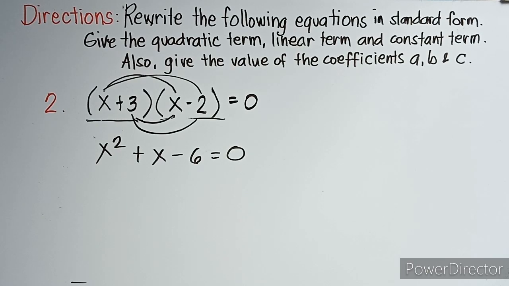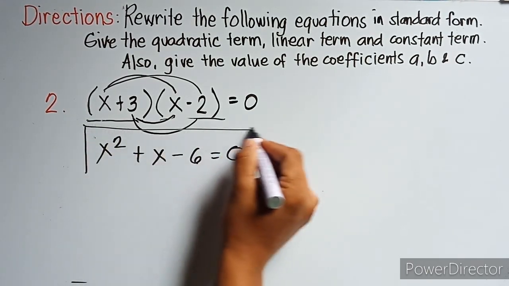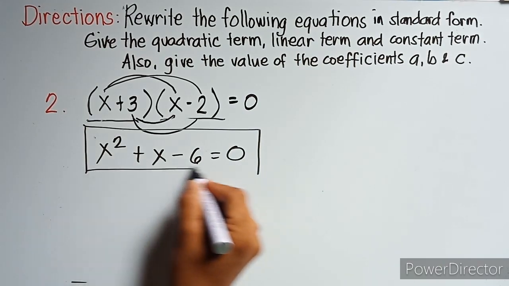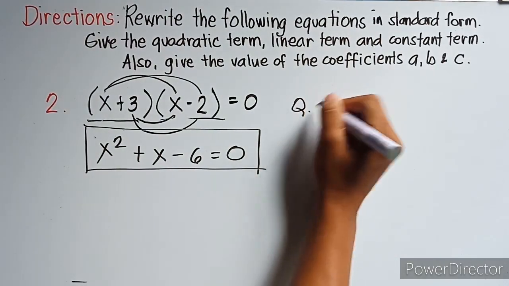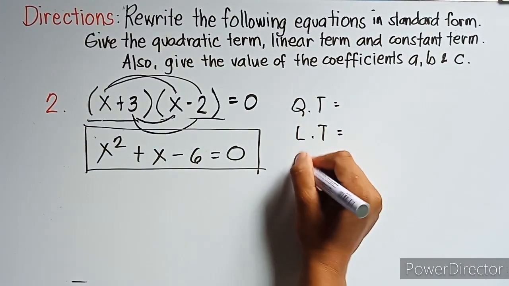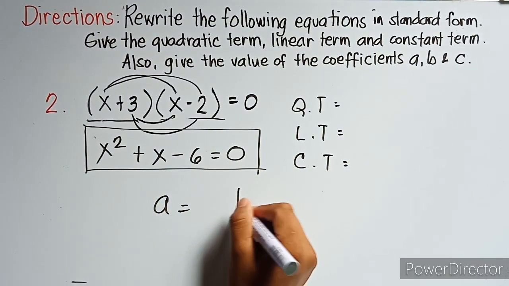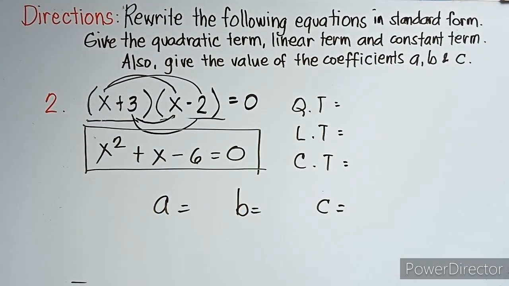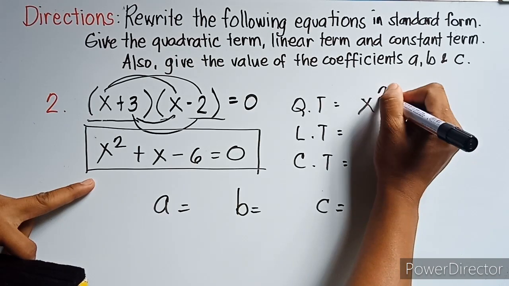So, kanina, gamit ang FOIL, we come up with the answer, x squared plus x minus 6 is equal to 0. So, identify natin ang kanyang quadratic term, linear term, constant term. Ang kanyang A, kanyang B, at kanyang C. So, our quadratic term will be the first term, which is x squared.